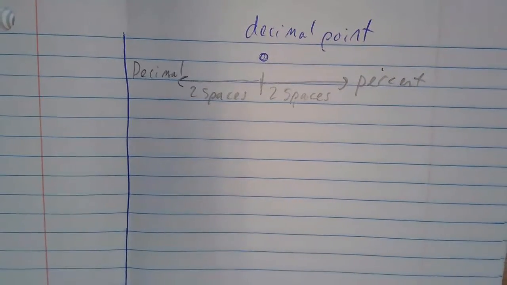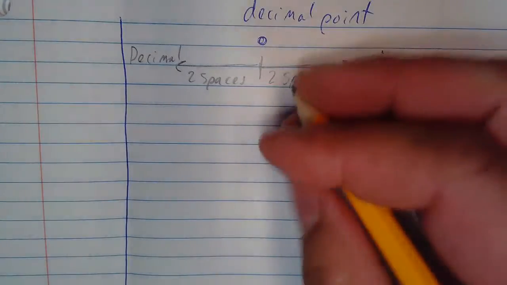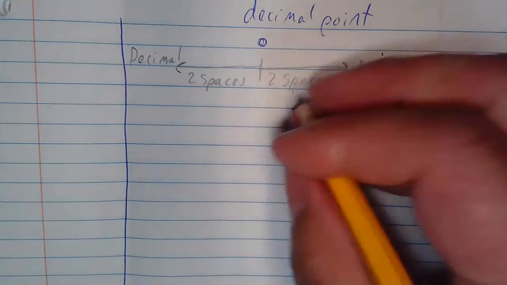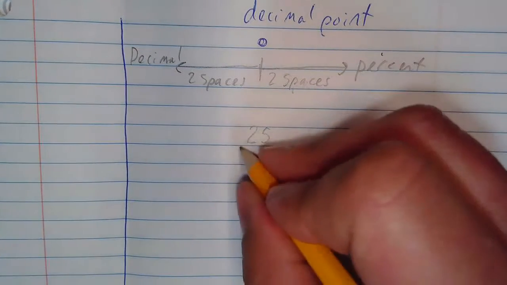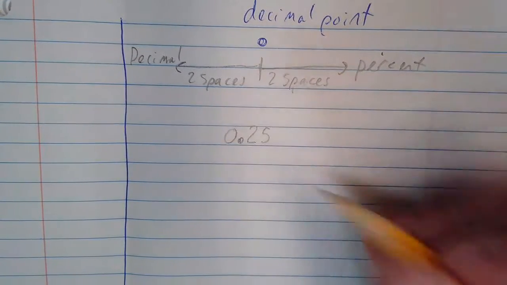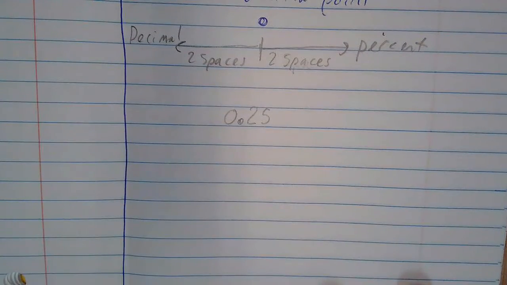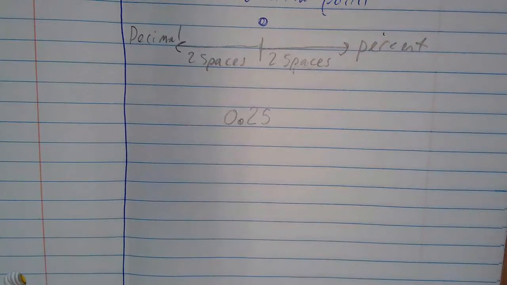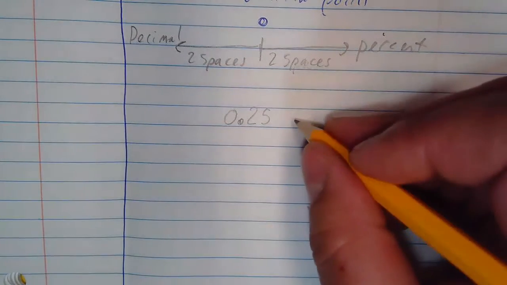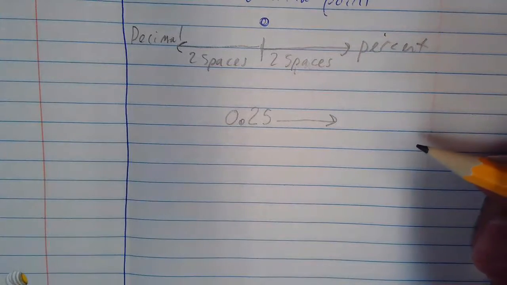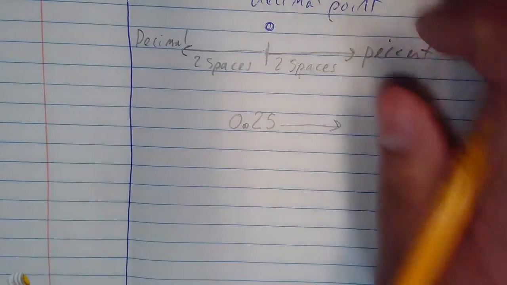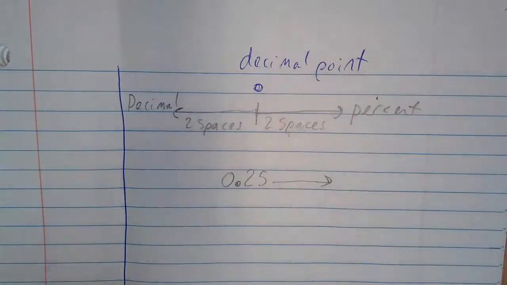Two spaces. Okay? Let me give you an example. If I give you 0.25, it's a decimal, obviously. I want a percent. I'm going to go in this direction. Two spaces. Again, the decimal point, that is.